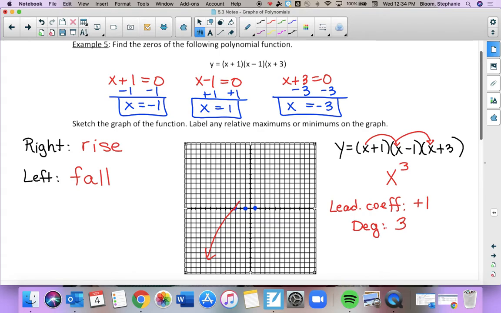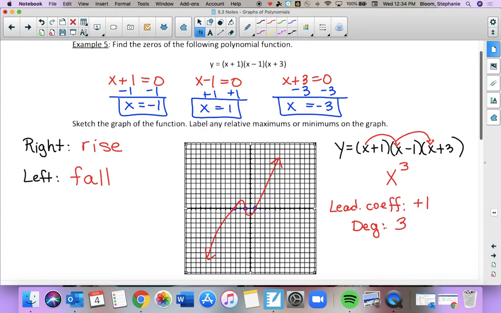I got to cross again at -1. So I'm going to come back down, cross, and I got to cross again. Is everybody with me on what's happening here? And what do I want it to do on the right side? I want it to rise. So after I hit this last point, I need to rise. And that would be the graph of our function.